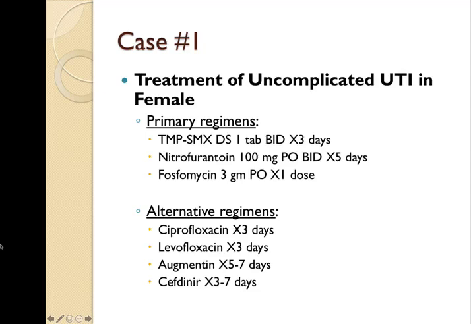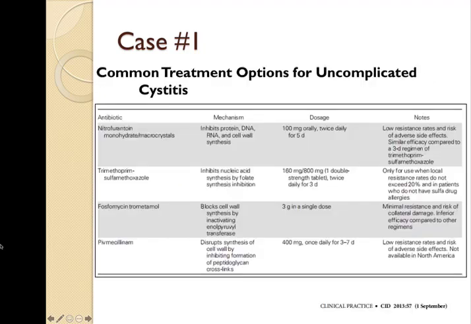So remember, Bactrim, nitrofurantoin, and fosfomycin, your three main drugs for the treatment of simple cystitis or uncomplicated UTI in a female. And I just placed this table in case somebody like me likes to look at the tables.